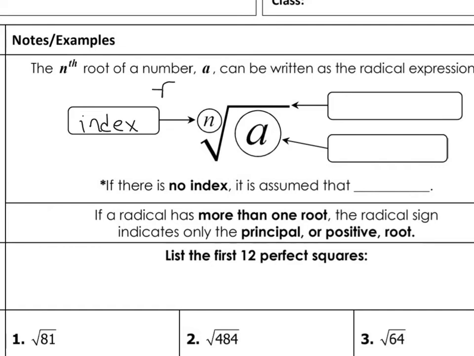So for a radical without anything there, it's understood that the index is 2. If I was going to have a cube root, they would put a 3. If it was a fourth root, you'd put a 4 or 5, whatever that index is going to be. 2 is the only one where they don't write it.